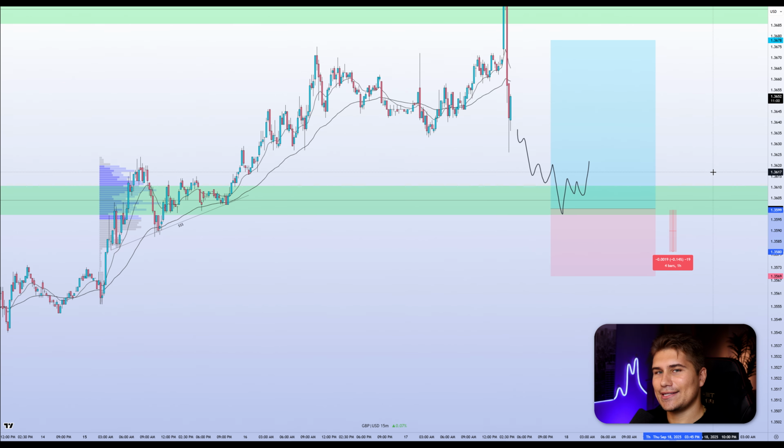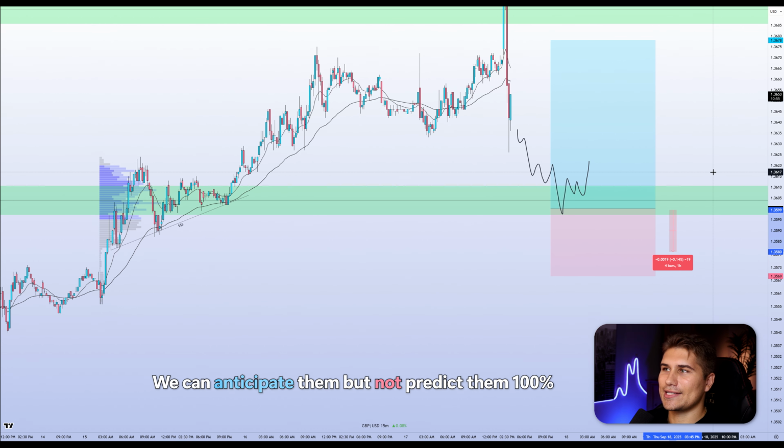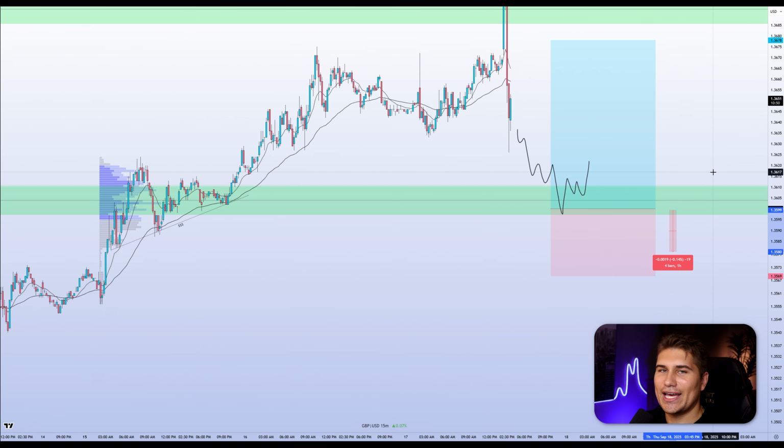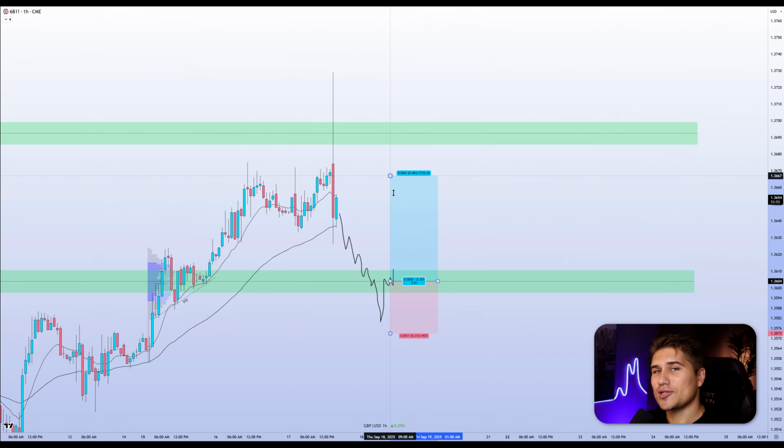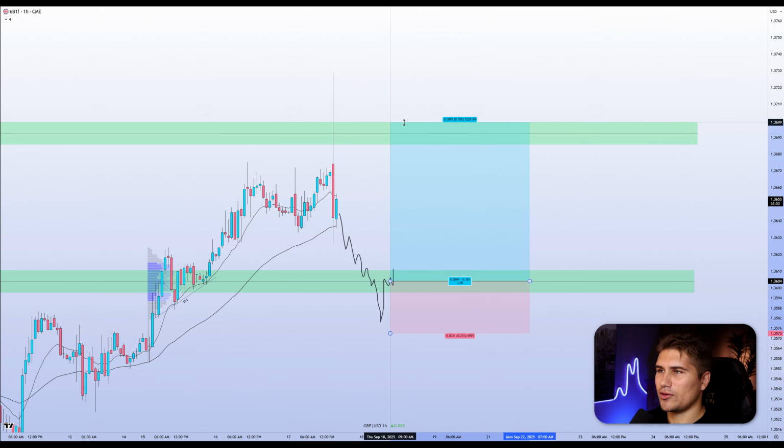You can anticipate a liquidity grab or a liquidity sweep, but you might not exactly know where the lowest or highest price point is going to be every single time. And my take profit, in this case, from a probable standpoint, I would be anticipating at least a 1 to 2 or a 1 to 3 RR.